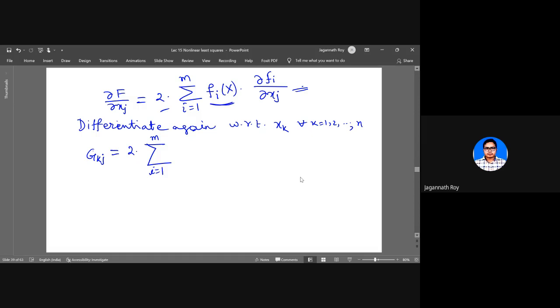So we have to differentiate, this del xk will be of this form, fi(x) into del fi del xj. So this is nothing but del 2 f del xk del xj.